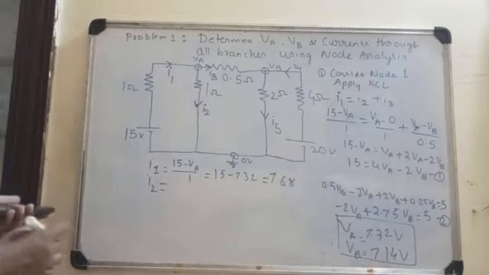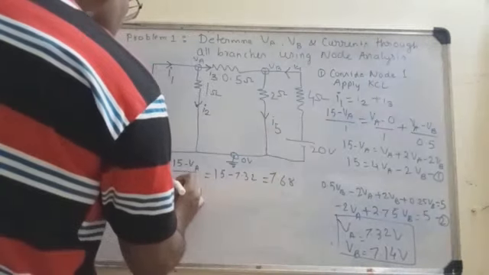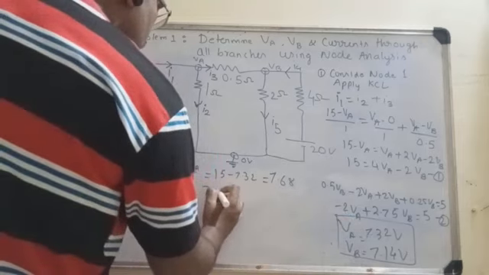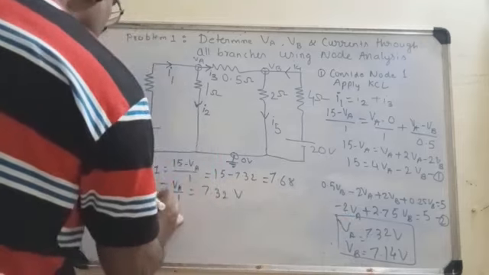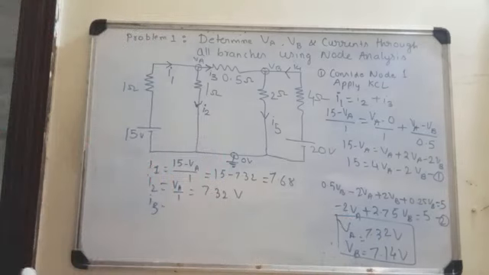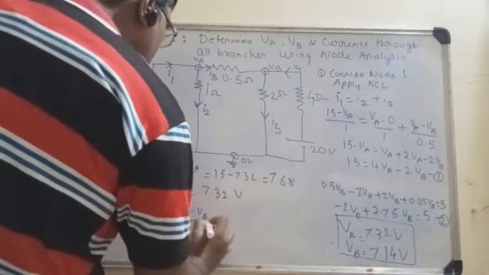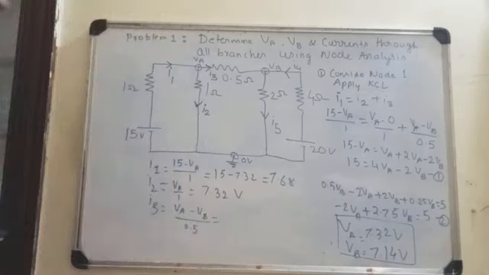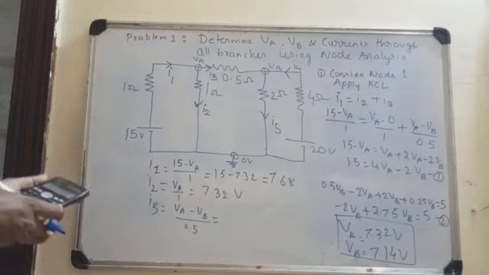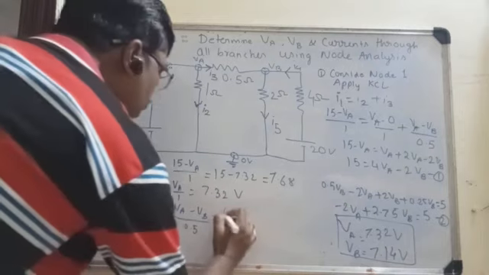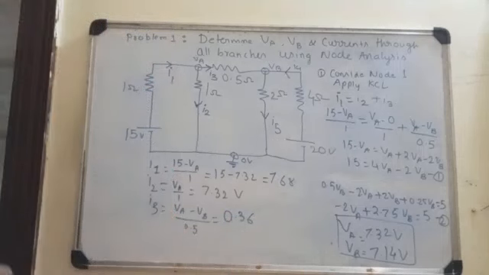Next, I2 is VA by 1, and VA is 7.32. I3 is (VA minus VB) by 0.5, so (7.32 minus 7.14) divided by 0.5 is 0.36.